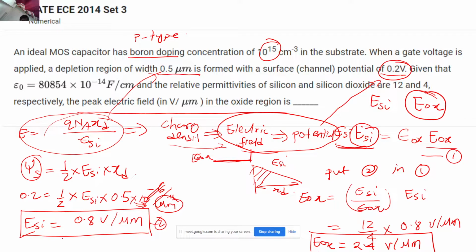So my ESI is less compared to EOX, correct? So this satisfies the sanity check that we have done. So 2.4 volts per micrometer looks like a correct answer, right? If you have any doubt, then please ask. I will proceed to the next question.